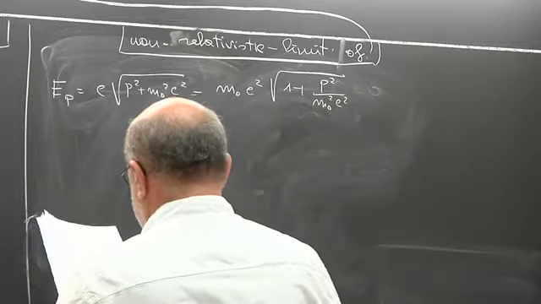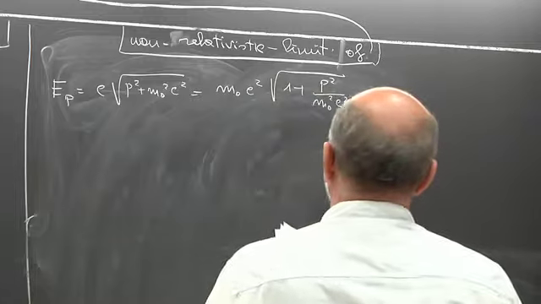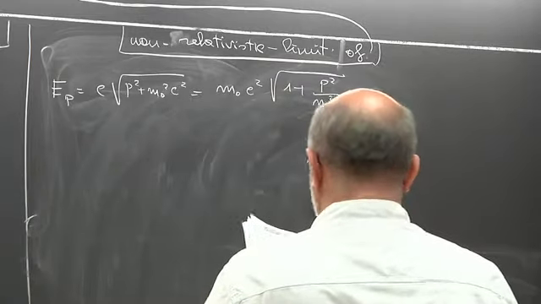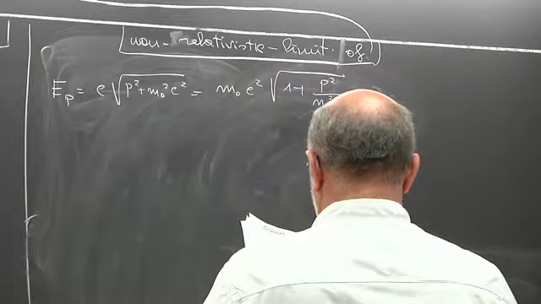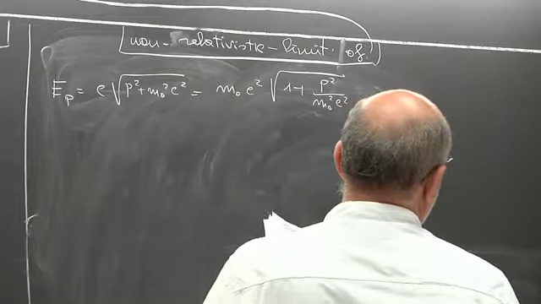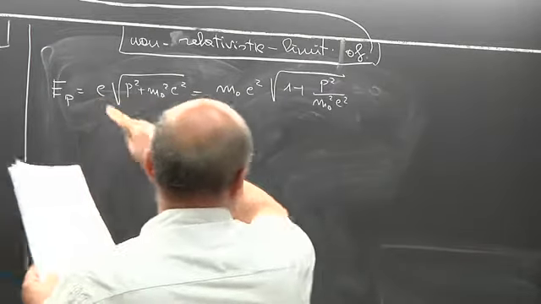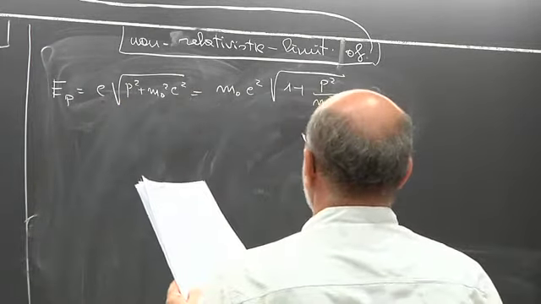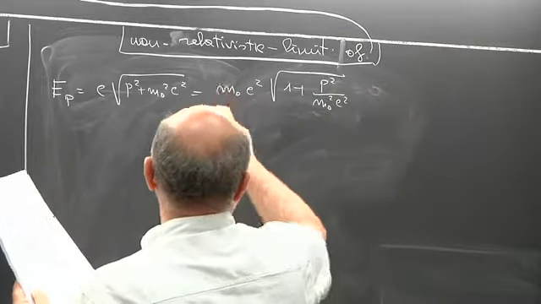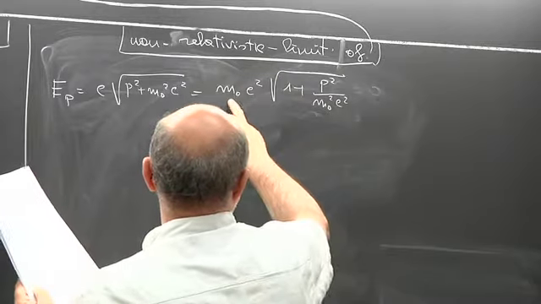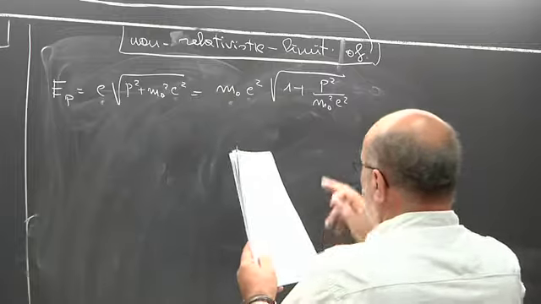Am I right? No, there is a mistake. Sorry, no, it's correct, because I factor out the square root, so I get m0, I have a c, and I get a c square, and I get this.